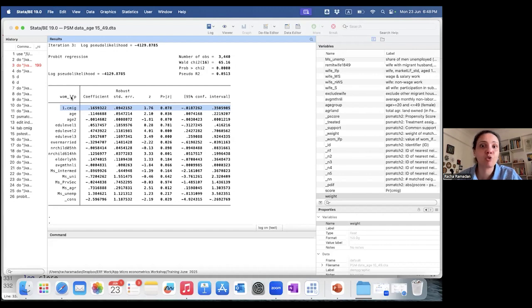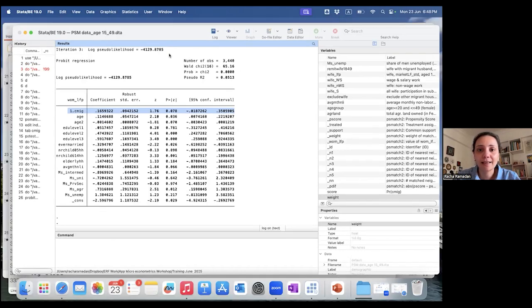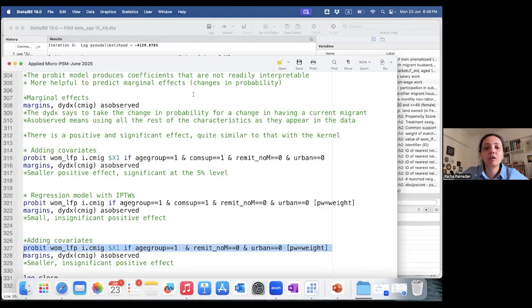You control for the observable characteristics, and you measure the impact of a specific treatment on an outcome variable, giving the PSM, giving this weight, taking into consideration the observable characteristics that you are controlling for.